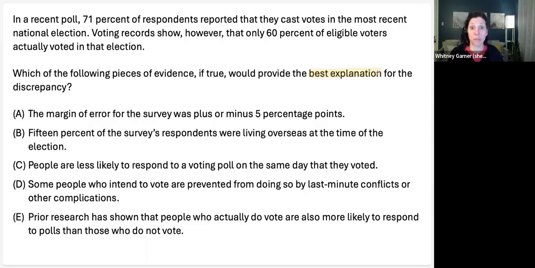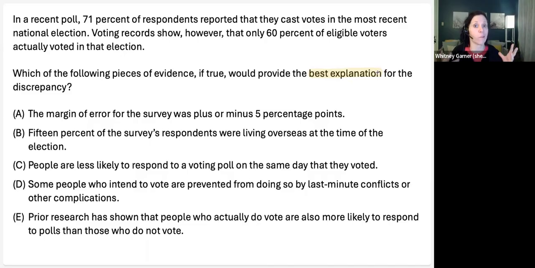This is making it sound like people are liars, which could be an answer to this question, right? If 71% of people say they cast votes, but it turns out that only 60% did, 11% of people were lying, or those votes were lost, or they didn't count, or I don't know, right? So that's one explanation, that there were liars.